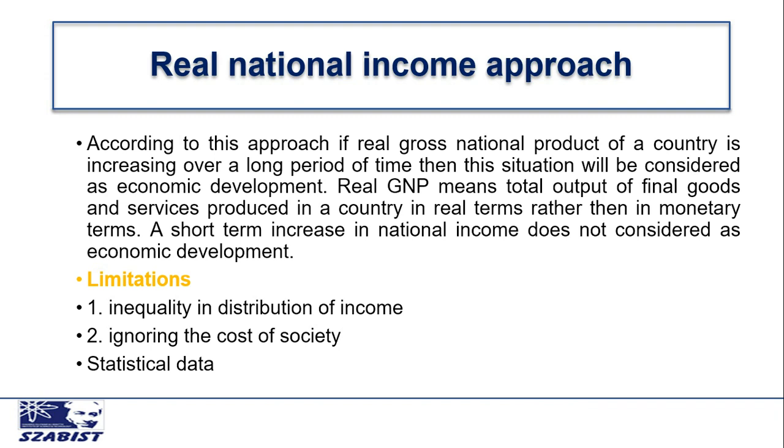And the second limitation of this method is ignoring the cost to society. Basically, as you know, in underdeveloped and developing countries, people are moving from rural to urban sectors. There is already a huge crowd in the urban sector, and when people move from rural to urban sector, they are increasing this crowd.